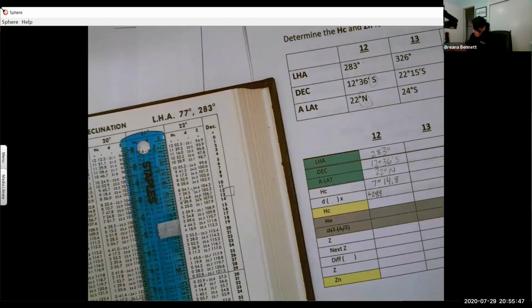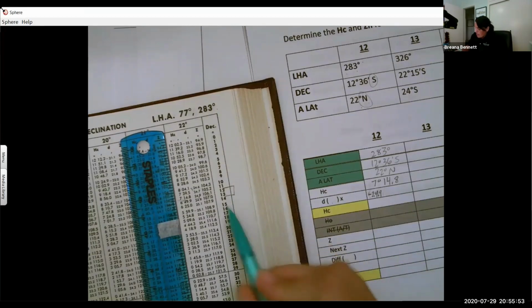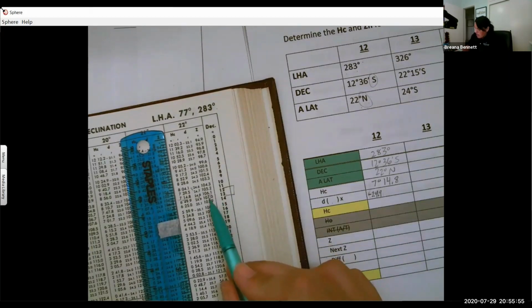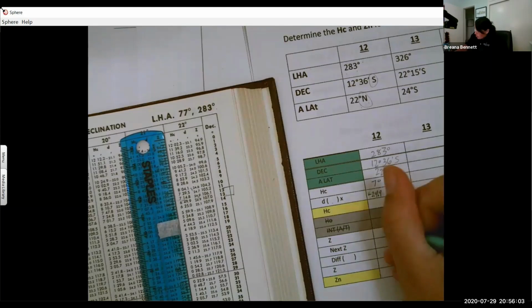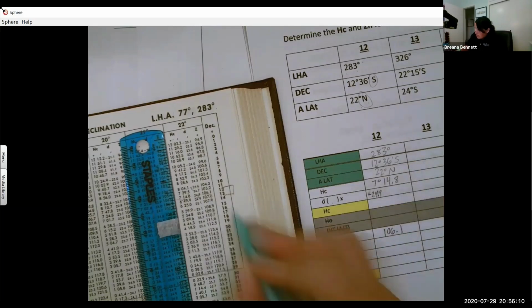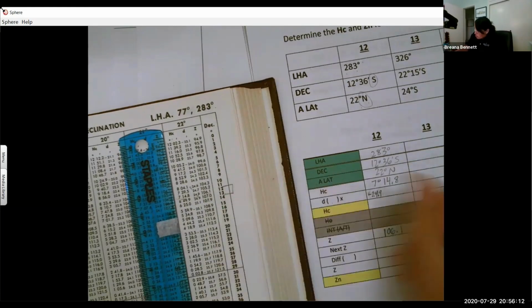And then, while I still have my 229 open, I am going to write in my Z and ZN. So I had at 12, my Z was 106.1, and then my next Z, so the 13, was 107.0.